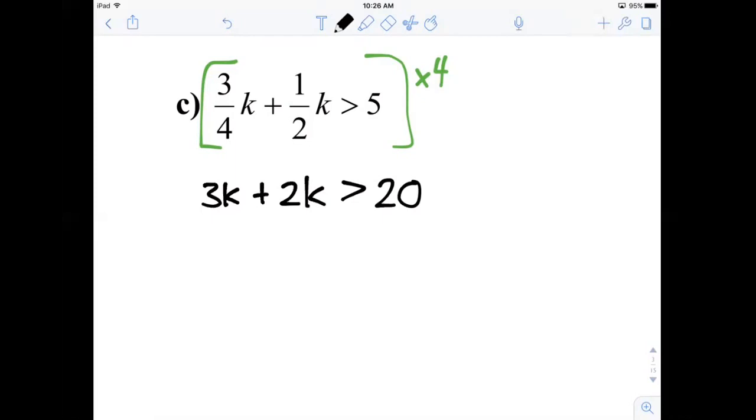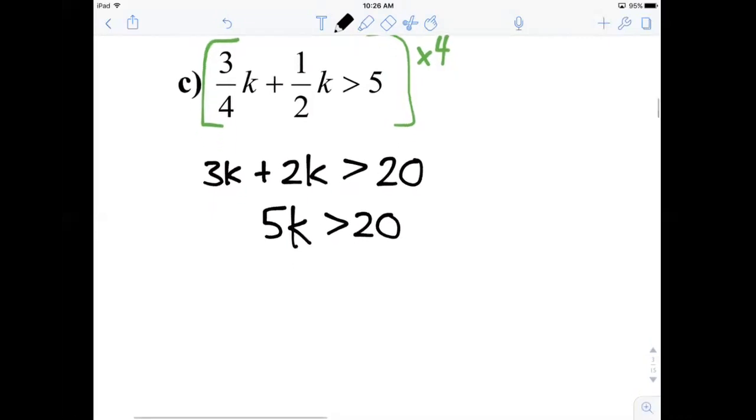So just the same way we would if this was an equation, we'll collect the like terms and say that 5k must be greater than 20. And then I can divide both sides by 5. And because I'm only dividing by a positive number, I don't have to flip my inequality sign. So I can say, therefore, k must just be greater than 4, because that's what I get when I divide both sides by 5.